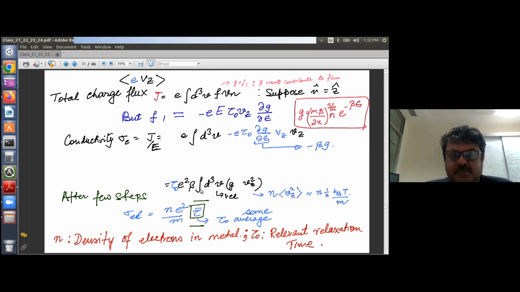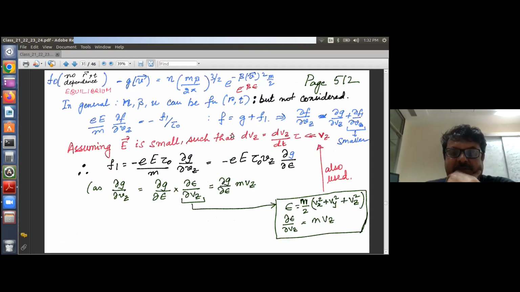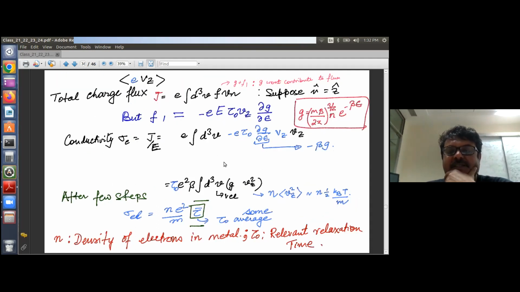This minus sign, by the way, came from here, and when you take the derivative, you get another minus sign. As a consequence, tau 0 E square beta integral over d3v G Vz square.